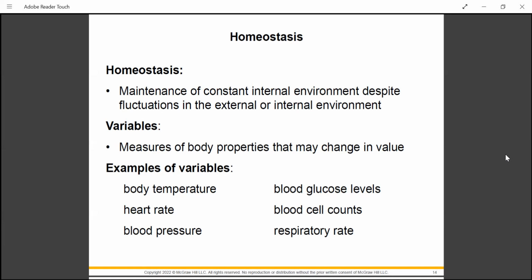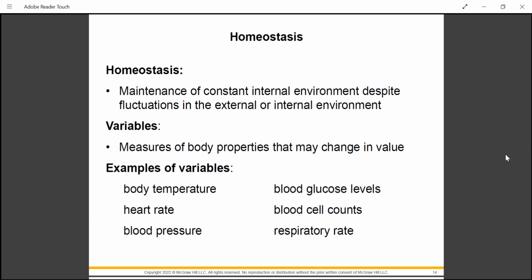Our body is like a fine-tuned machine. It has to be running exactly so, or else things start to break down. So we have to constantly make adjustments because we don't stay the same all the time. Our external environment changes and our internal environment changes. So our body has to have systems in place that help to adjust to these changes so that we maintain what's known as our set point, or those conditions where our body is able to function properly.